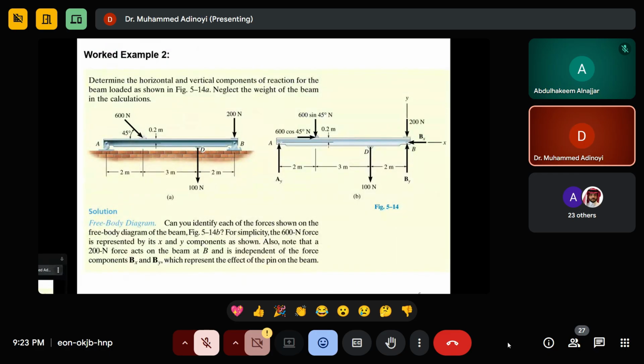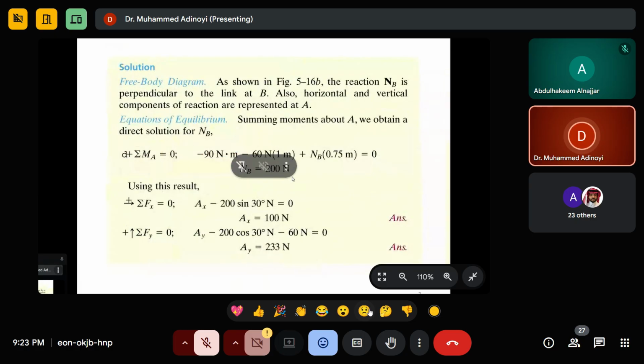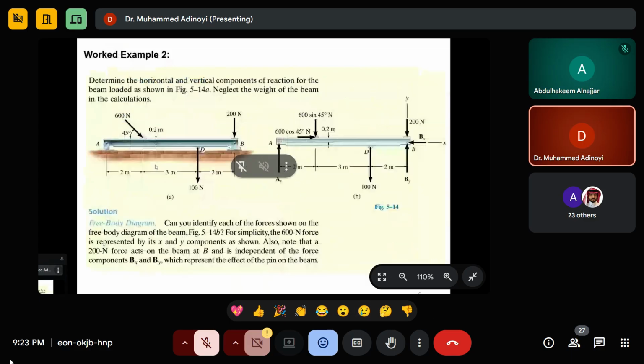So now, when you have the forces, look at it. Again, you can either decide to start from the moment, or you find the summation of X. So if I want to find the summation of Fx, I start with the moment. So where will I take the moment?